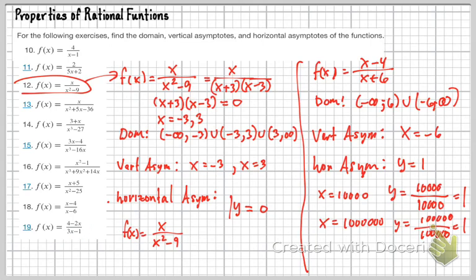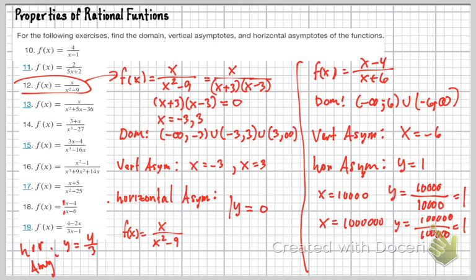But what you'll notice for that horizontal asymptote for this one is going to be y equals 4/3. Because it's those numbers in front, the multipliers, that are going to give me that 1 over 1 that we've seen for all of these over here. So that's how that works. So again, this horizontal asymptote for number 19 is going to be y equals 4/3.